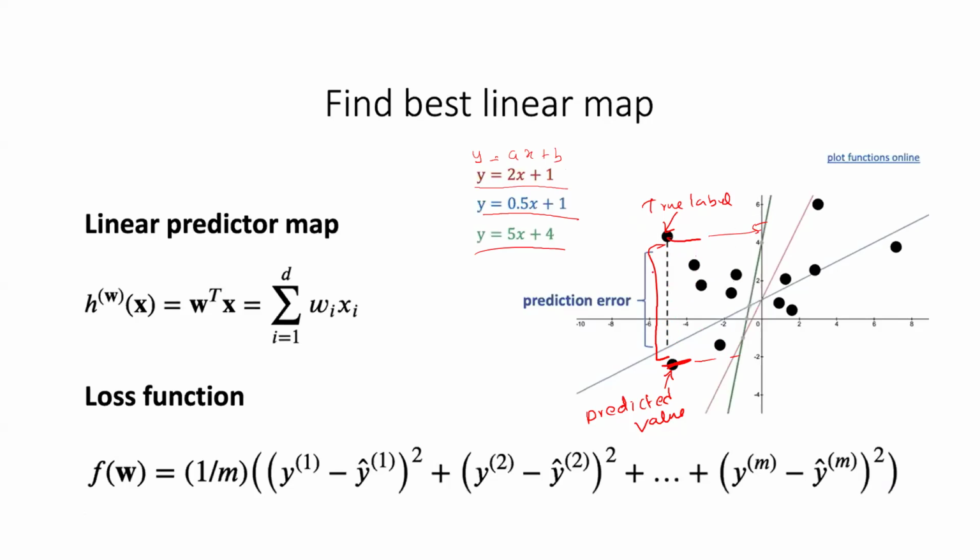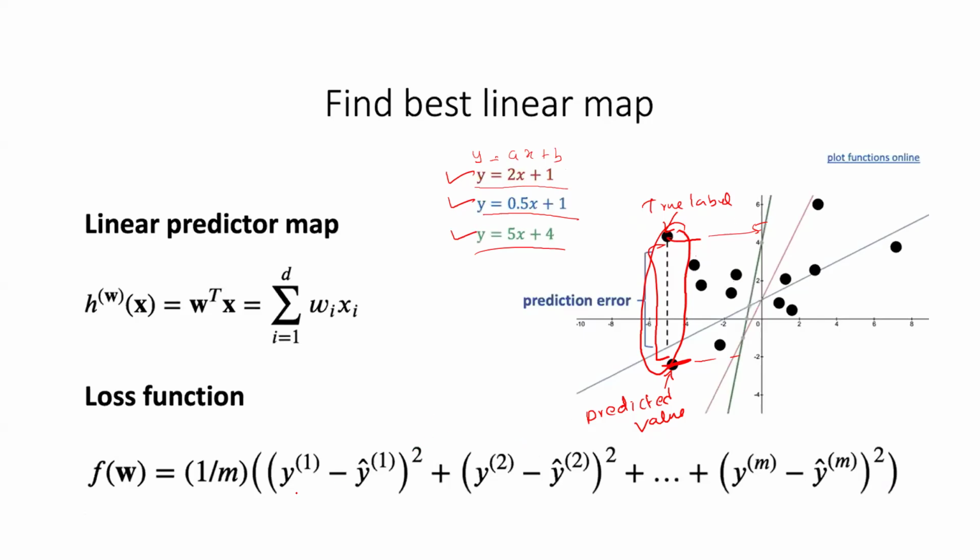By using these linear functions, we are supposed to reduce the prediction error. So how do we reduce it?